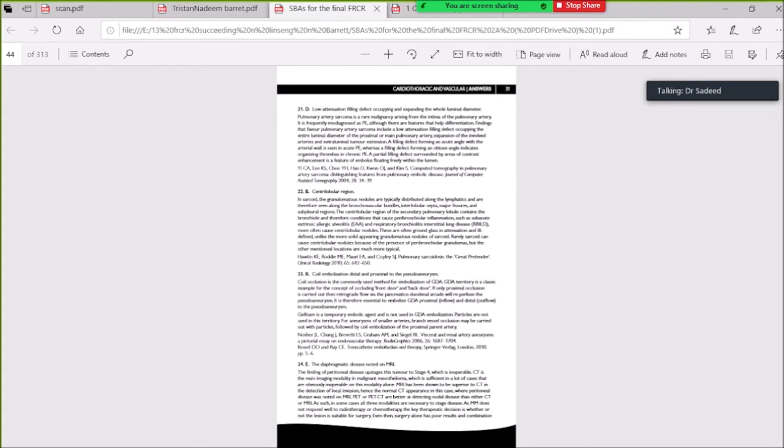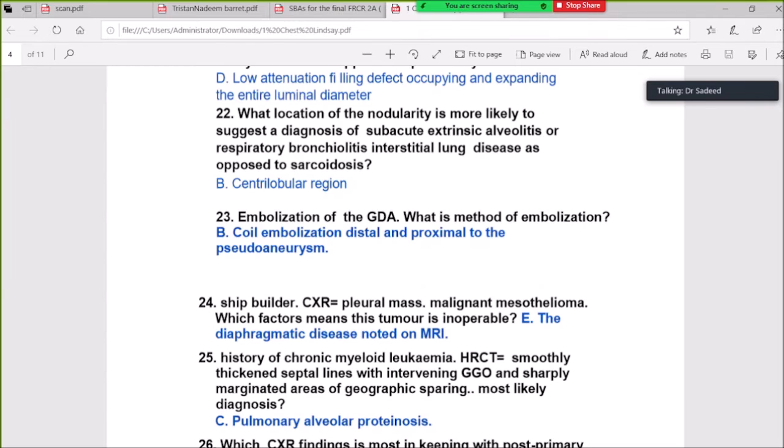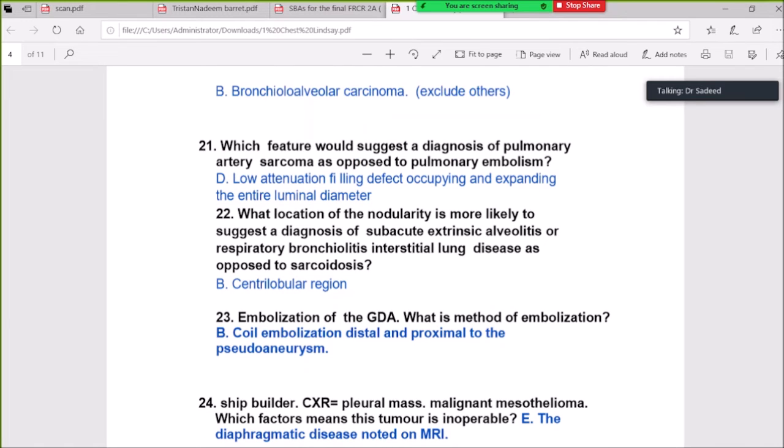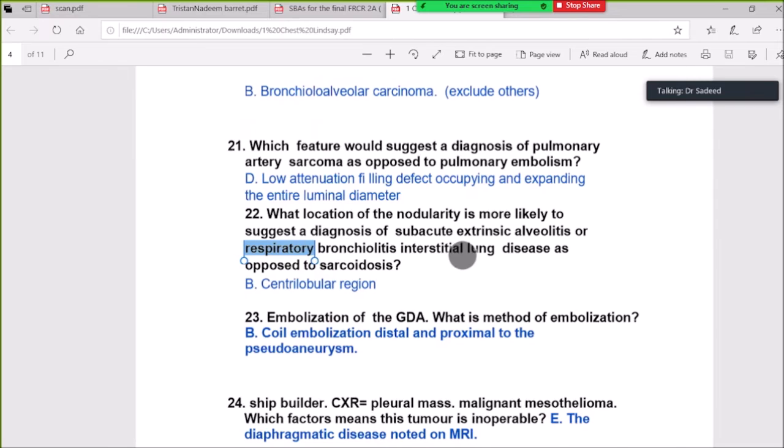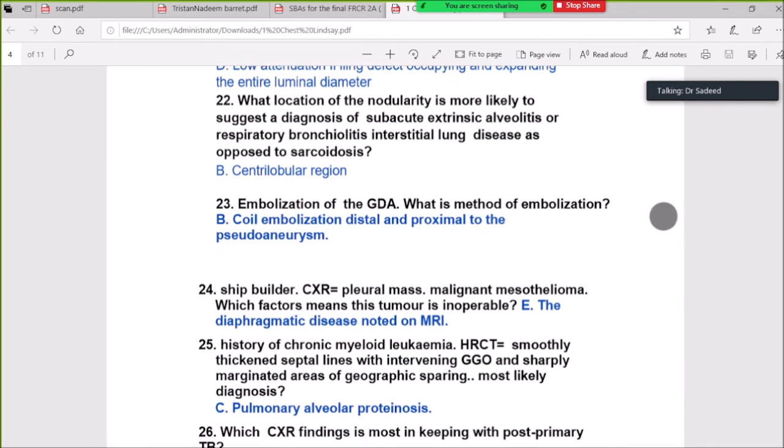The central lobular region of the secondary pulmonary lobule contains the bronchiole, so conditions that cause peribronchial inflammation, such as EAA and respiratory bronchiolitis ILD, more often cause central lobular nodules. Sarcoidosis is seen in the subpleural region, and subacute extrinsic alveolitis or respiratory bronchiolitis ILD is seen in the central lobular region.